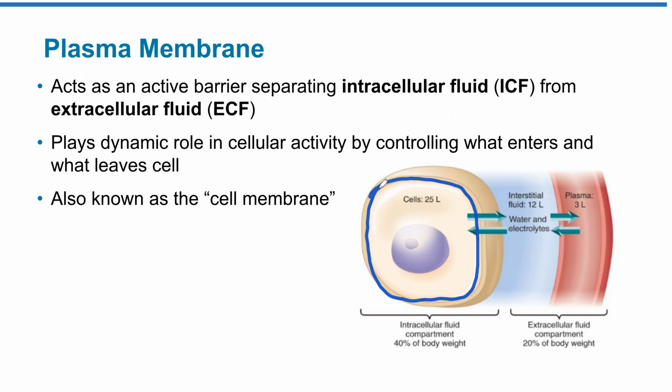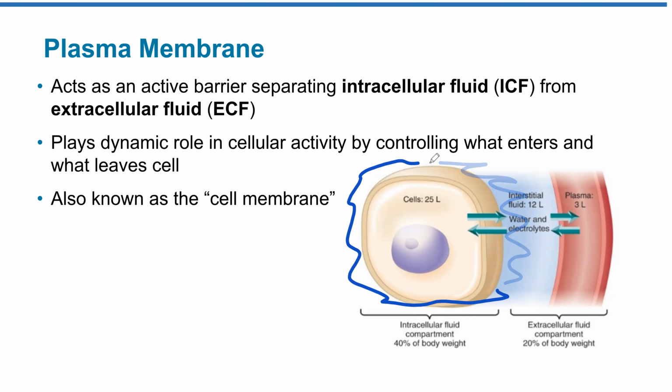Remember, cell membrane is not the same as cell wall. Human cells do not have a cell wall. They do have a plasma membrane. Inside the plasma membrane, we have ICF, and cells are surrounded by fluids outside that are called ECF.